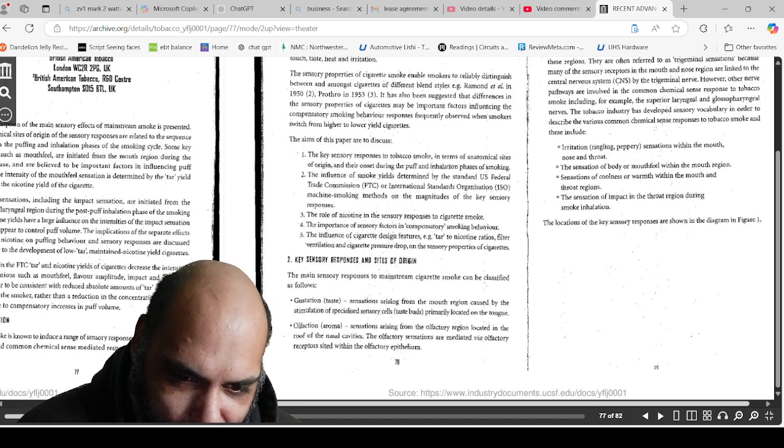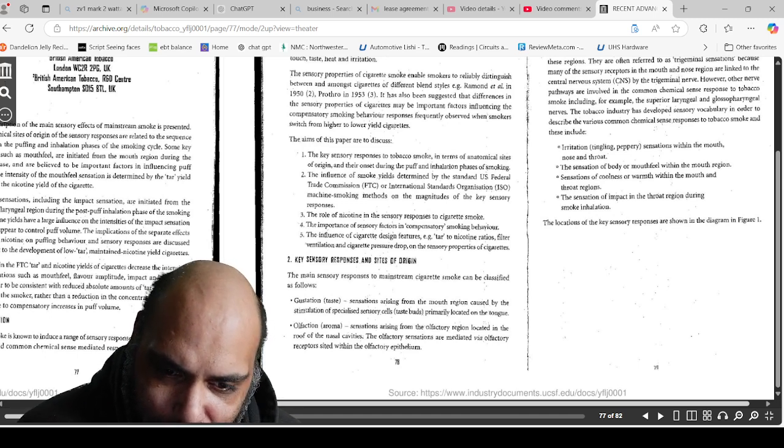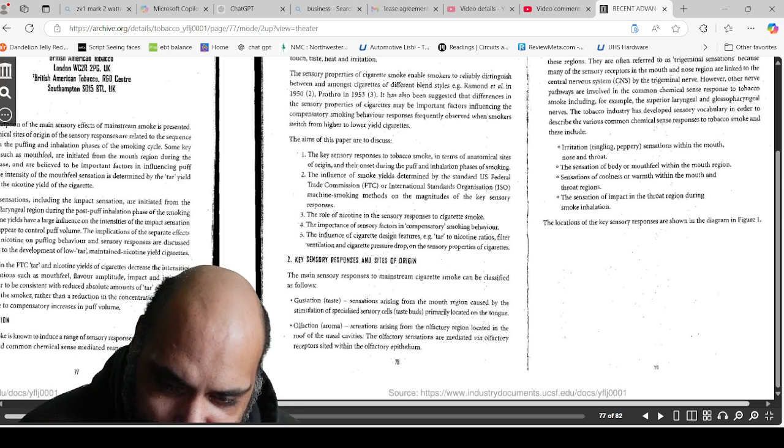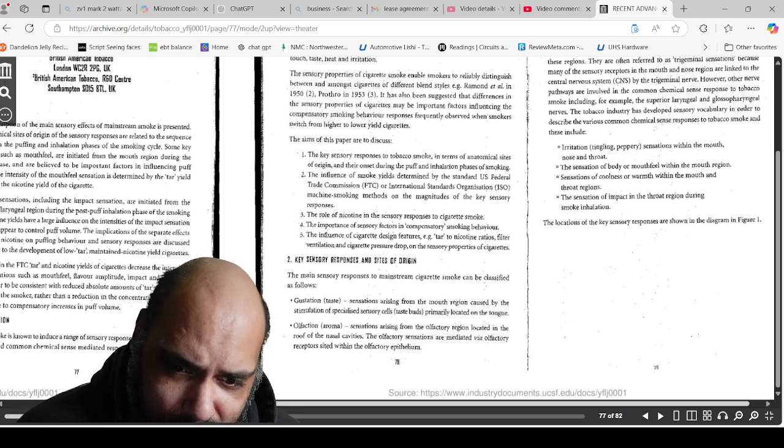Olfaction, aroma: sensations arising from the olfactory region located in the roof of the nasal cavity. The olfactory sensations are mediated via olfactory receptor sites within the olfactory epithelium.